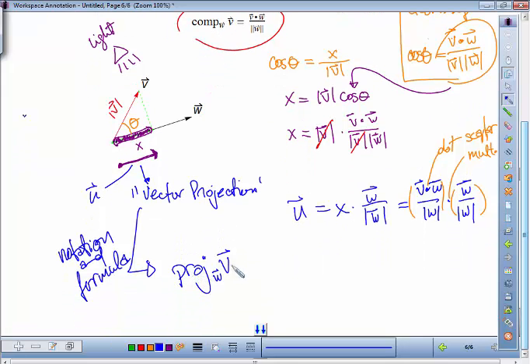You'll get a vector out of this. It's a vector W, essentially, that's been scaled with V dot W divided by W squared, the magnitude of W squared.